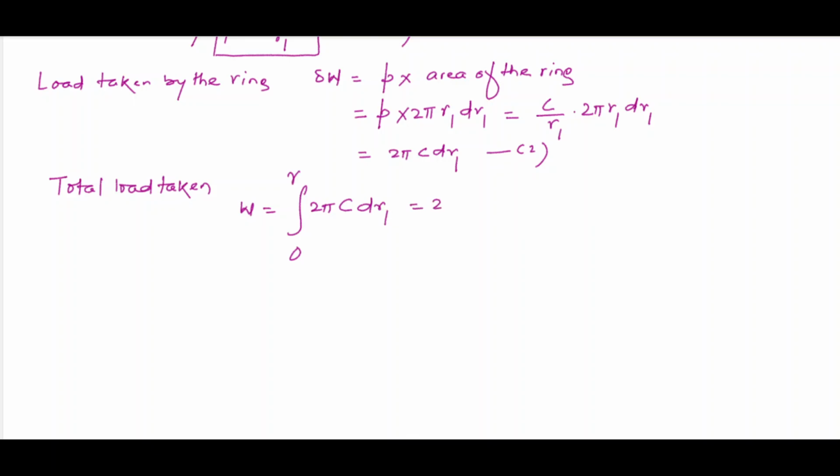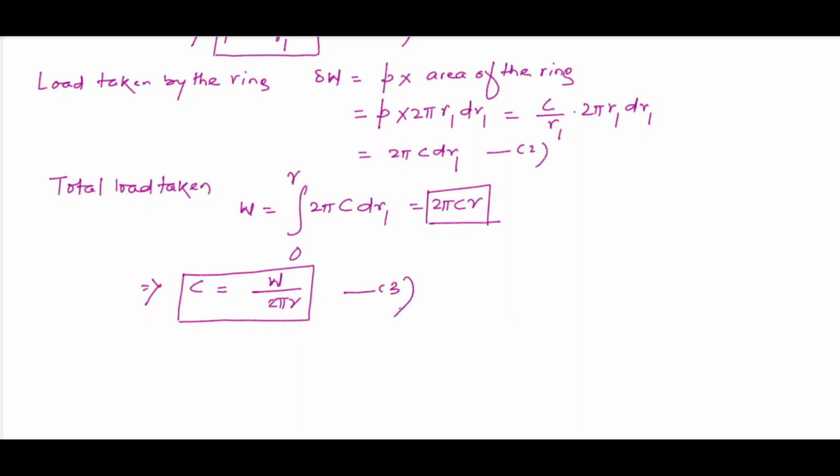So it will be 2 pi C R. Okay, 2 pi C R. Now the constant C will be W by 2 pi R. This will be the value of constant we got. Let's say this is equation 3.